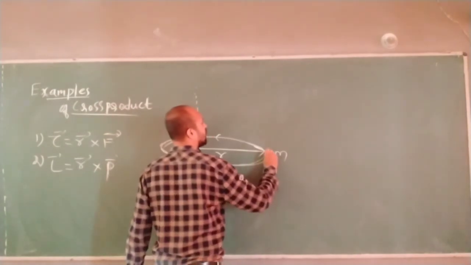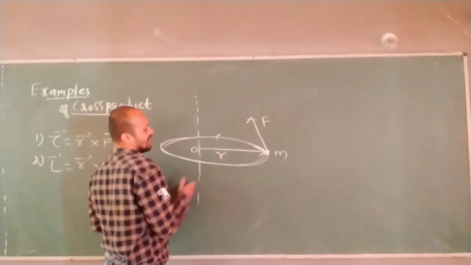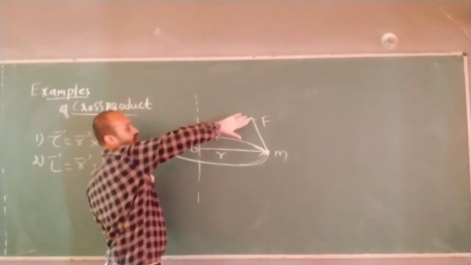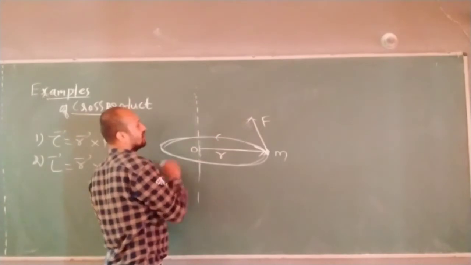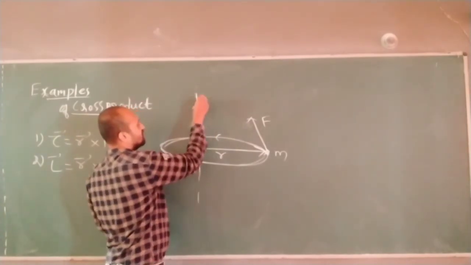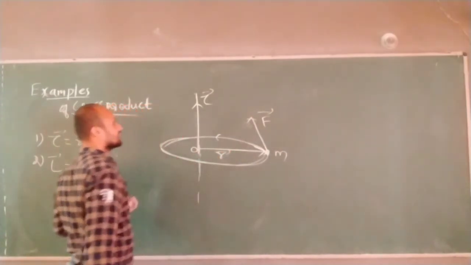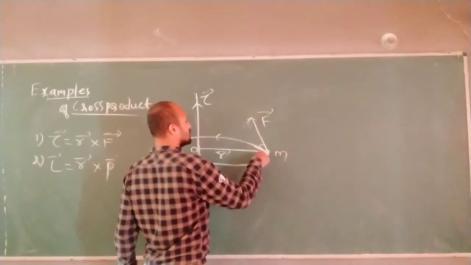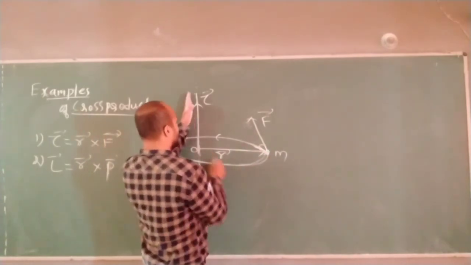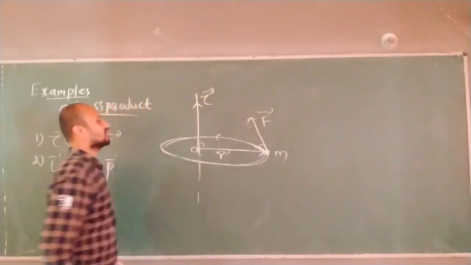If this is the force, you join them. r cross F will become the torque. This is also a vector. Force is perpendicular to r. They are in the same plane. This torque will be perpendicular to r and F.